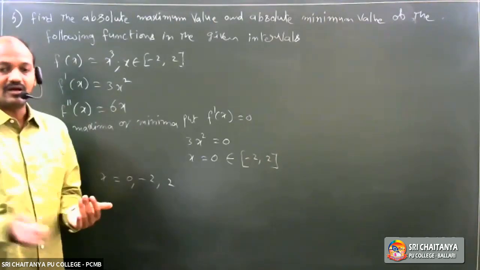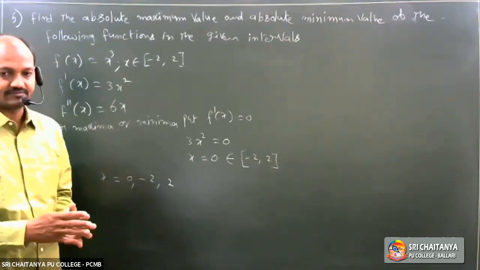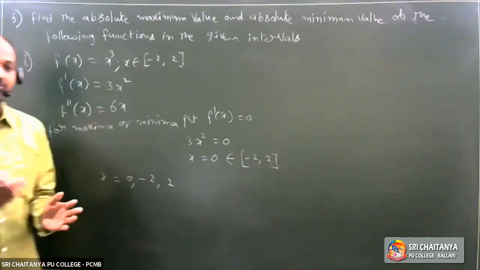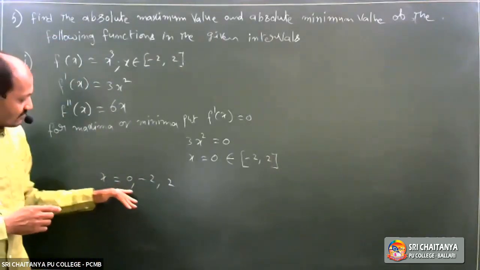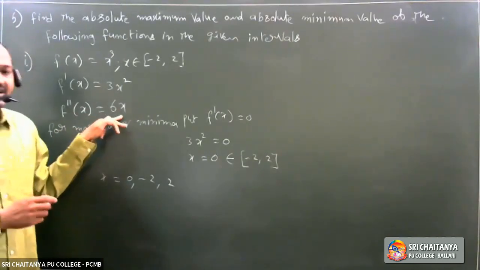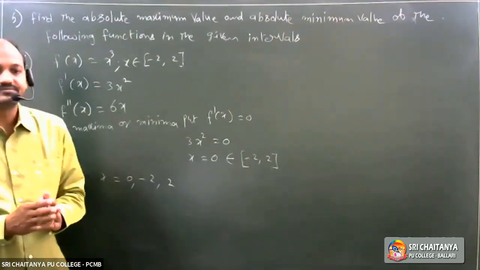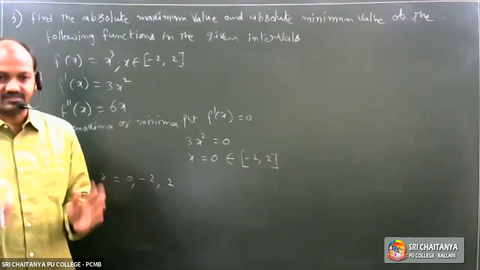Okay? But minima or local minima, maxima or local maxima, it is different. How to find minima or local minima? This x value substitute in second order derivative. If the second order derivative is positive, it means minima, negative means maximum.